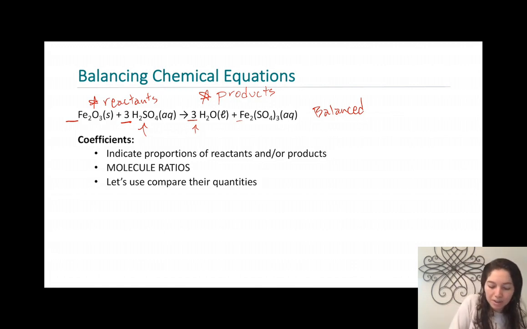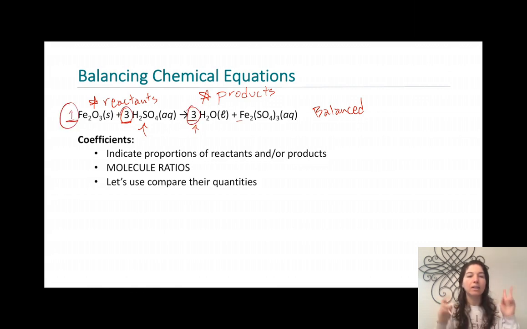So these numbers here, this is a 1 that's implied, so we don't write ones down. These indicate proportions of the reactants and products that are present in the chemical reaction. And this is the ratio of these molecules to each other during the reaction.